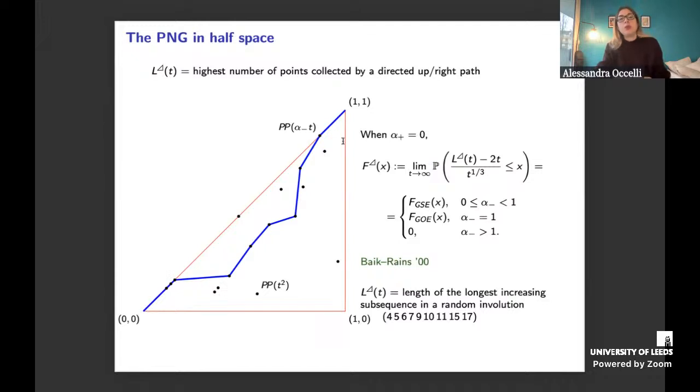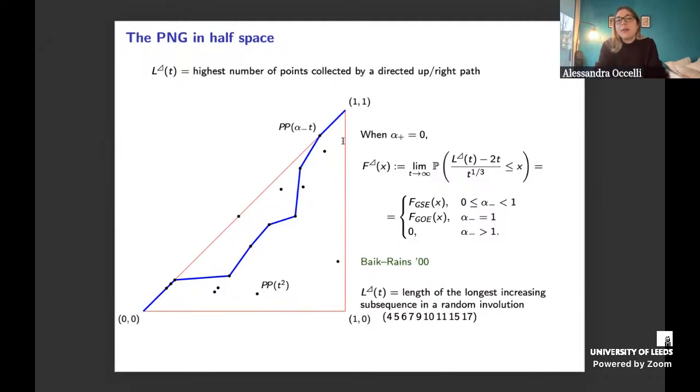And now here the fluctuations we expect to depend on the boundary parameters. The transition is given by the value of the parameter on the diagonal being equal to 1. In this case, you observe that the fluctuations of L are described by the GOE Tracy-Widom distribution.